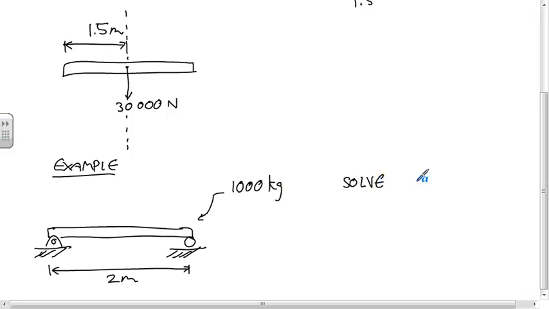And I want you to solve first, assuming, well, by solve, I guess, the first example we're going to do is solve for the reactions. Assuming that the weight is concentrated at the centroid.